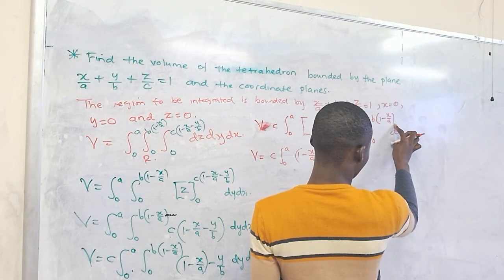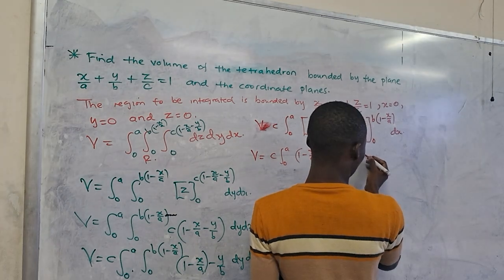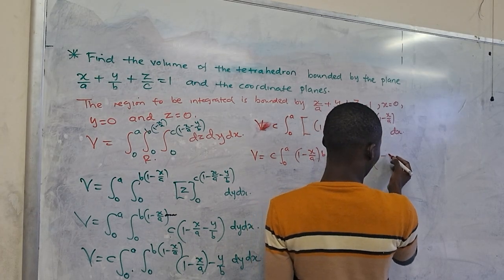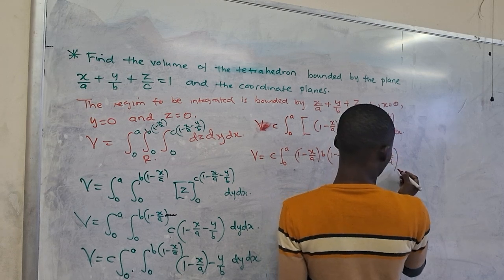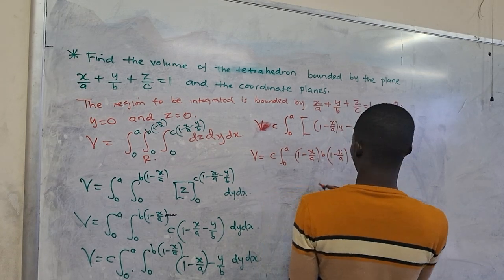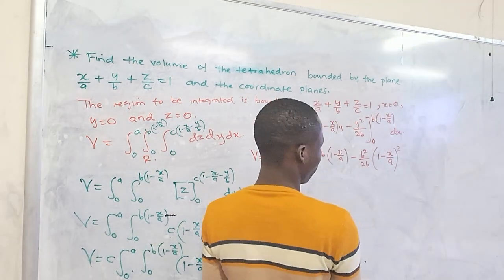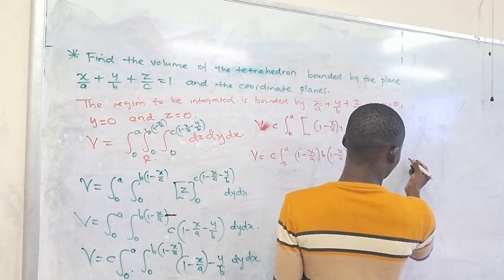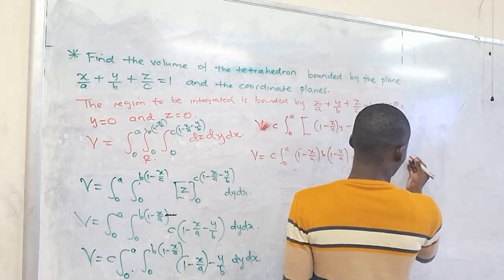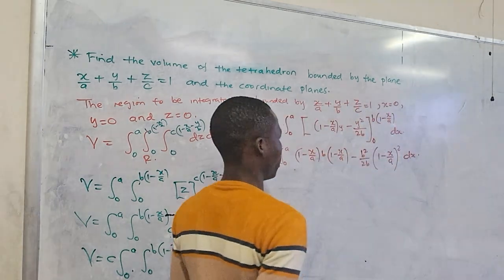If you square this, you are going to get b squared by 2b into 1 minus x by a squared. Subtract 0, then dx.